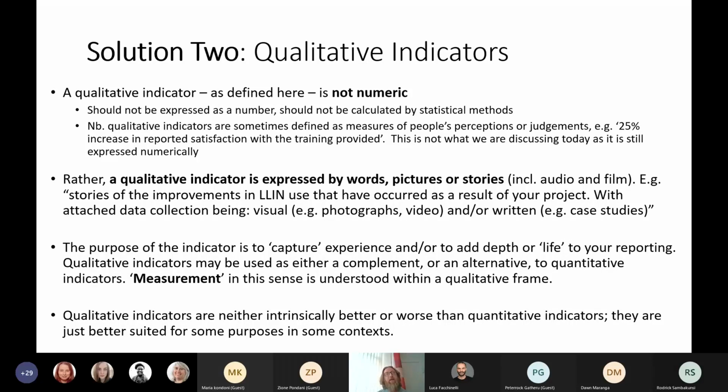So a quantitative measure of a qualitative state, e.g. people's perceptions or judgments. I've given an example there: a 25% increase in reported satisfaction with the training provided.